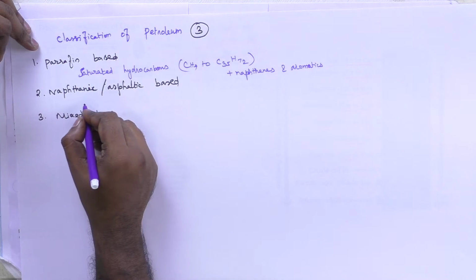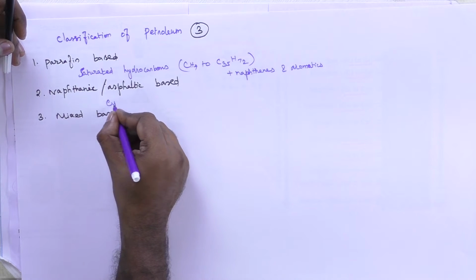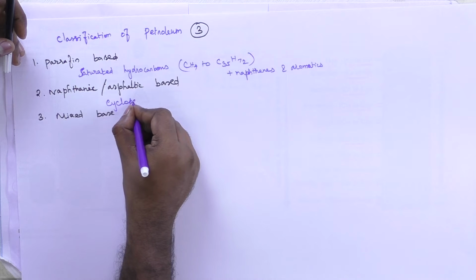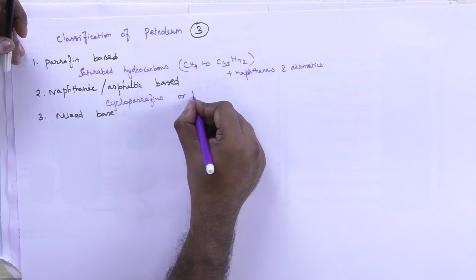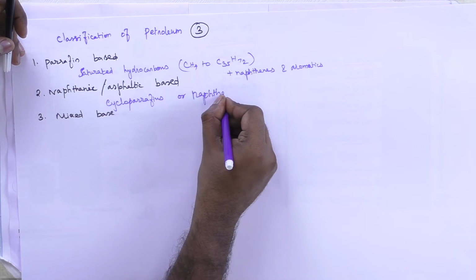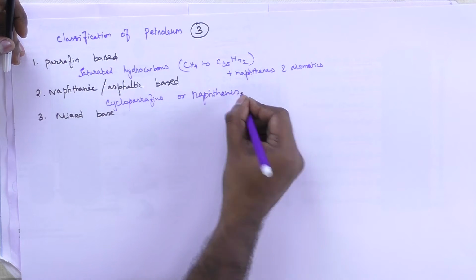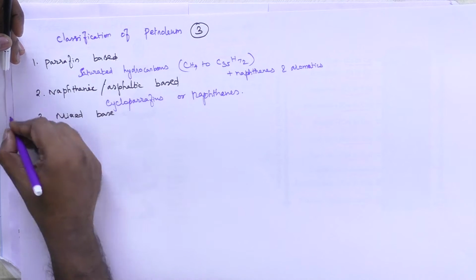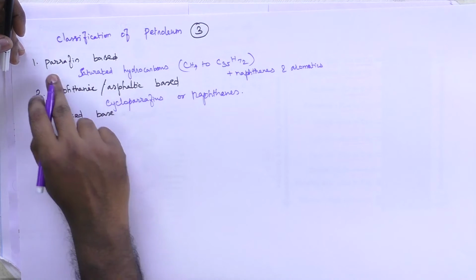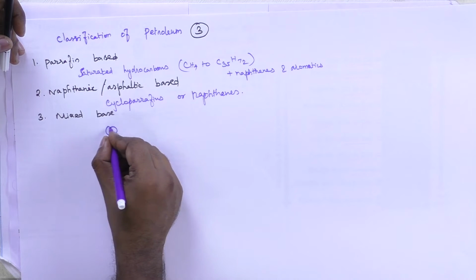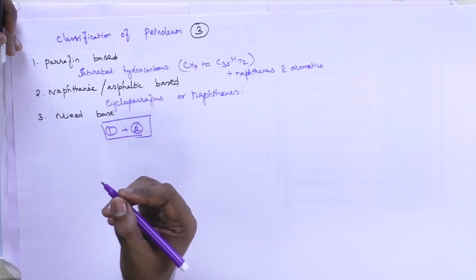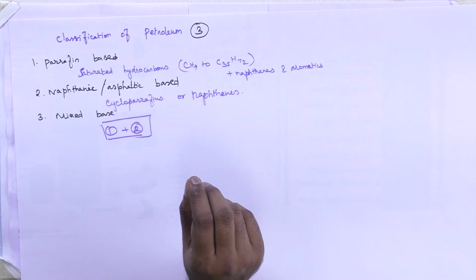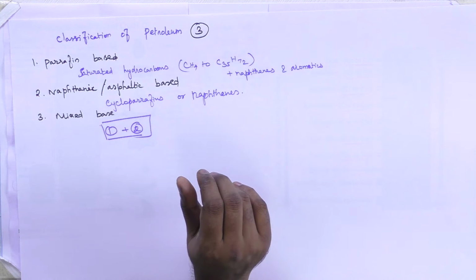In the case of naphthenic and asphaltic, they contain cycloparaffins or naphthenes. The mixed base contains both paraffin based and naphthenic based, so this is a mixture of the first two. These are the general procedure for the classification.